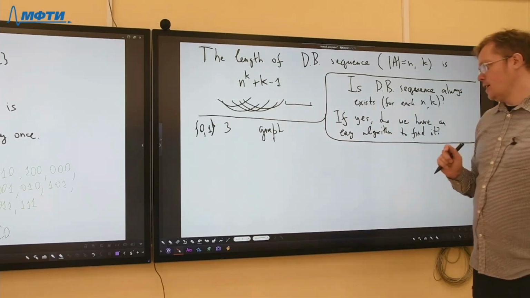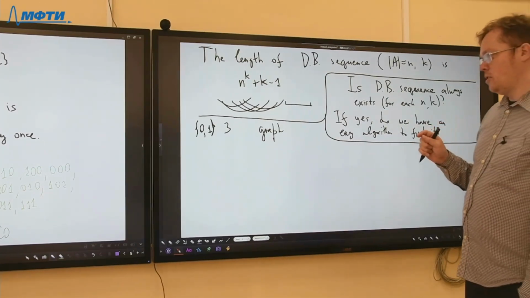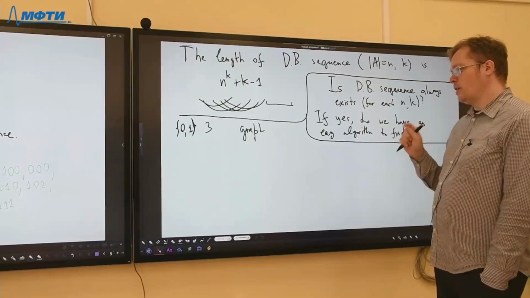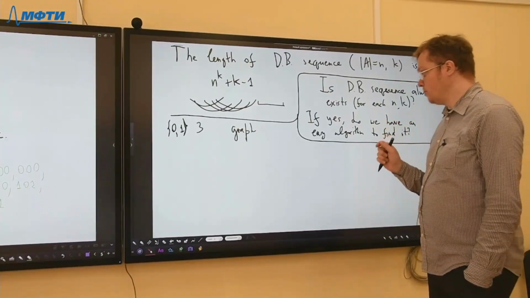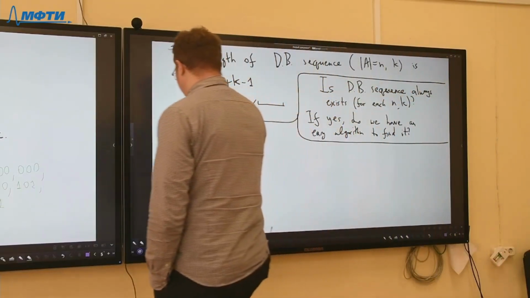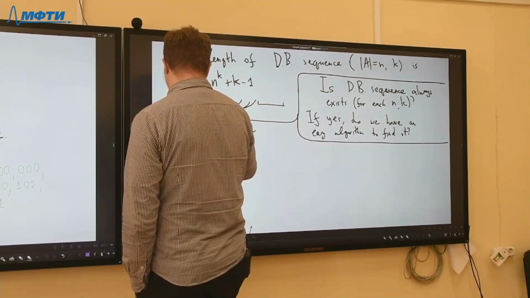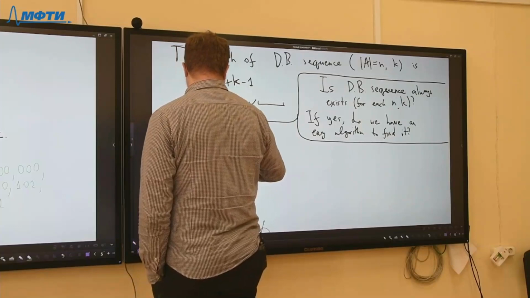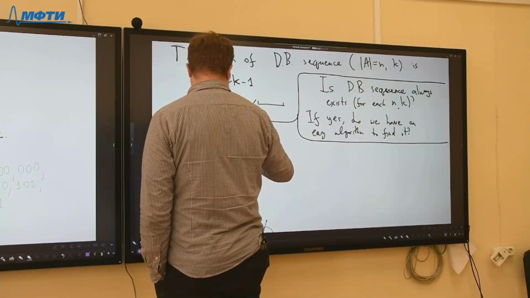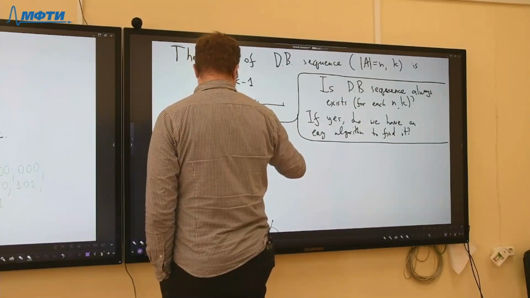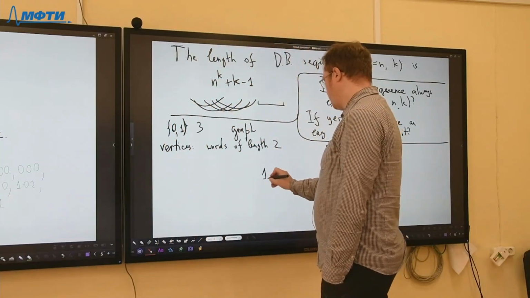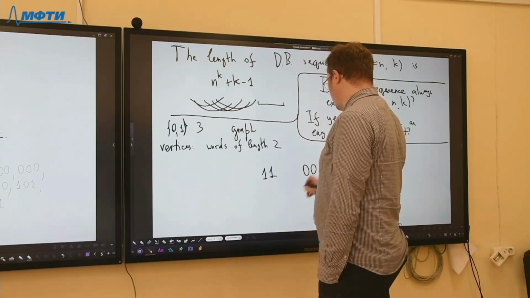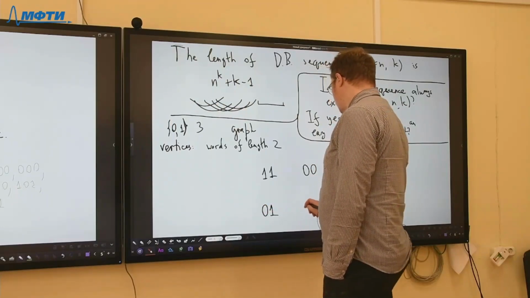The vertices of my graph will be all words of length 2. So there will be four vertices: 1 1, 0 0, 0 1, and 1 0.